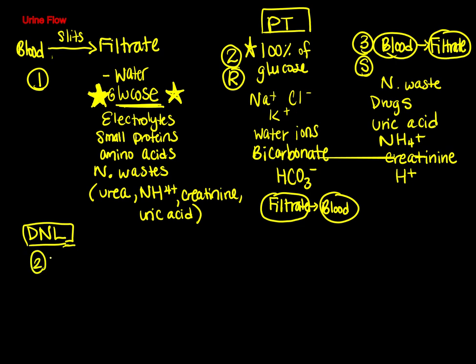We're going to see function number 2 with reabsorption. And in the descending part, we're just going to be reabsorbing water. And in the ascending part, when we come back up, in the ascending part of our nephron loop, again, we're going to see function number 2, but this time we're more concerned with salt.